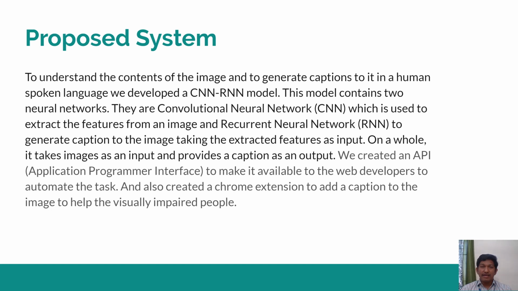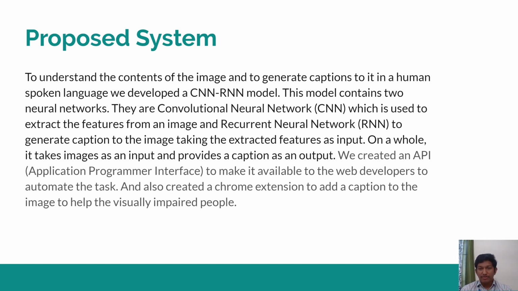The RNN takes that feature vector from the CNN as an input and generates captions for that image in human spoken language. On the whole, it takes an image as input and provides a caption as output.